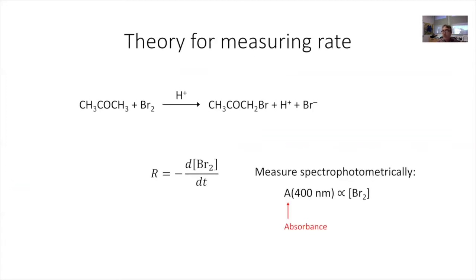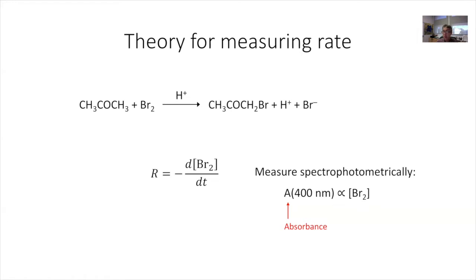So, the theory for measuring the rate. You know from prior study that one can measure the rate by measuring the rate at which products are formed or reactants are consumed. So you can choose any reactant or product to measure the rate of reaction.